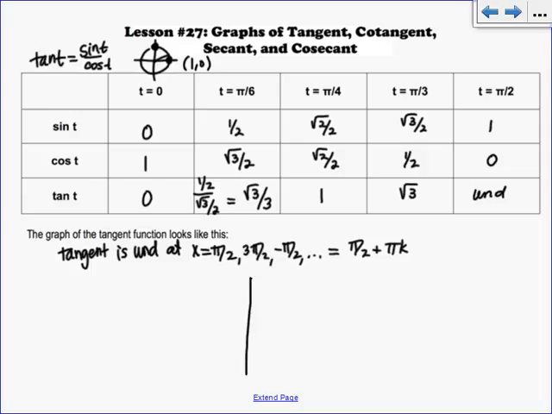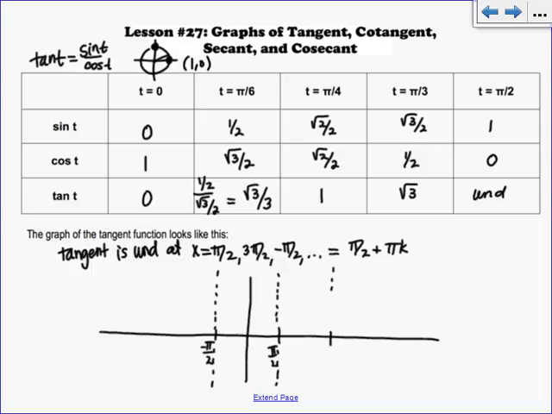So if I'm drawing tangent, I want to start with the places where it's undefined. It's undefined at pi over 2 and negative pi over 2. So I'm going to draw vertical lines that are dotted, vertical asymptotes. And then it's going to be every pi after that.